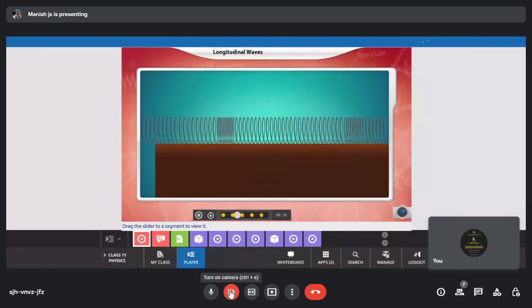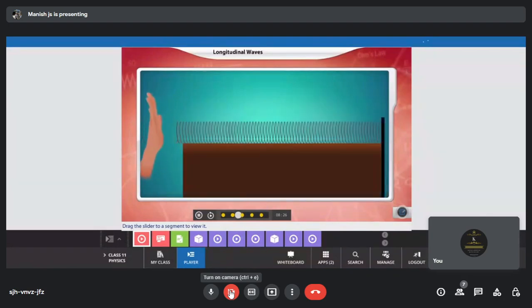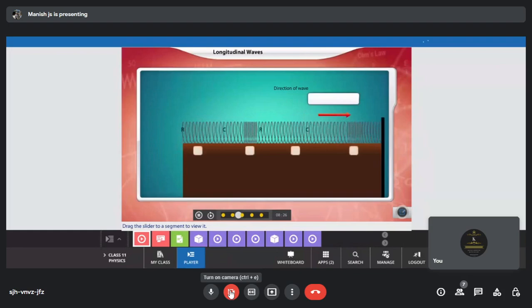The region of compressed portions in the wave is called compression. The region of relaxed portions of the slinky is called a rarefaction. A longitudinal wave is a series of alternate compressions and rarefactions that travel.